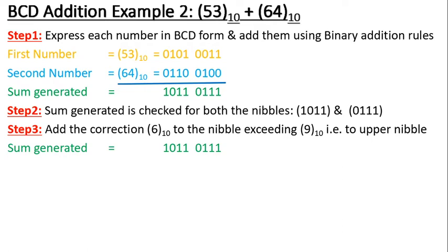So here the sum generated by step number 1 is once again written, and then the correction 6 decimal, which is equal to 0110, is written just below that upper nibble. Then the addition is performed using binary addition rules.